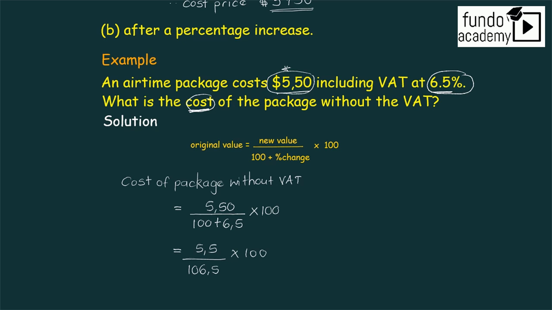So if we simplify this, when you use your calculator, we get $5.16. All right, so that would be the cost of the package without VAT. So it's $5.16 without VAT.